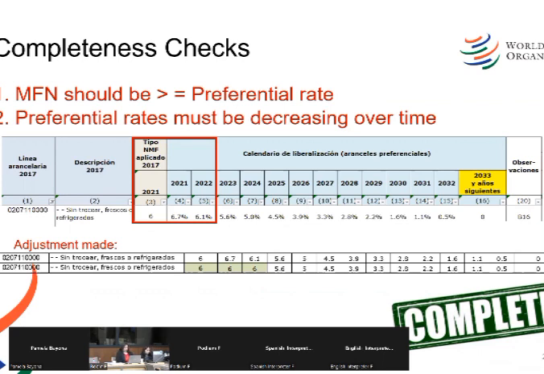So for the preferential under 2021, it's at 6.7%. And then for 2022, it's at 6.1%. So these two clearly have preferential rates, which are higher than the MFN, which is the 6%.